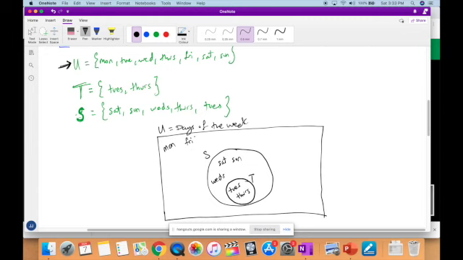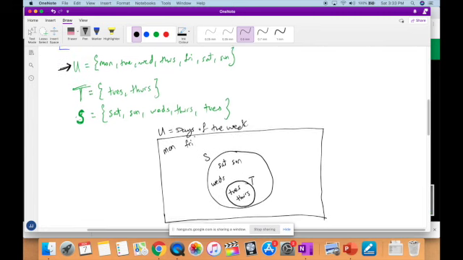So at the end of the day, and this is just a reminder, what we could start to say here is that S is a proper subset of U. Everybody agree with that? Yes.